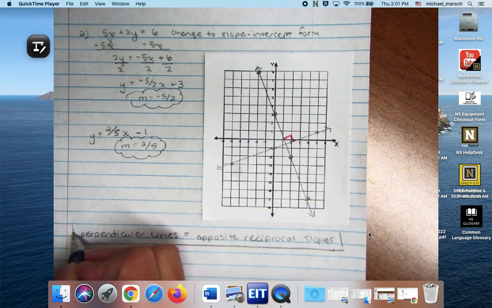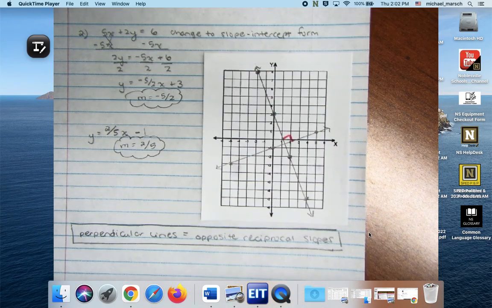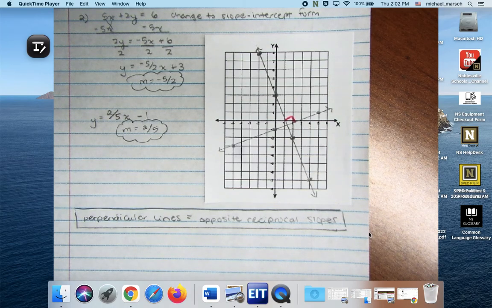And that's just always going to happen. Doesn't matter what the y-intercept is. We're only focusing on the slope for these kinds of relationships.